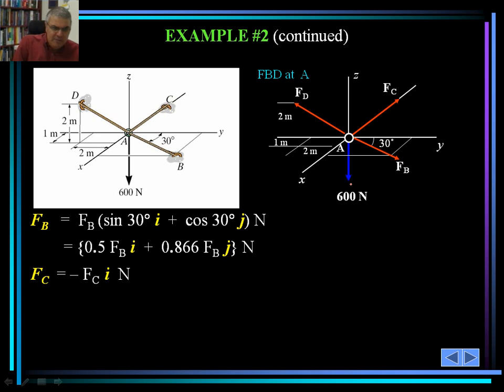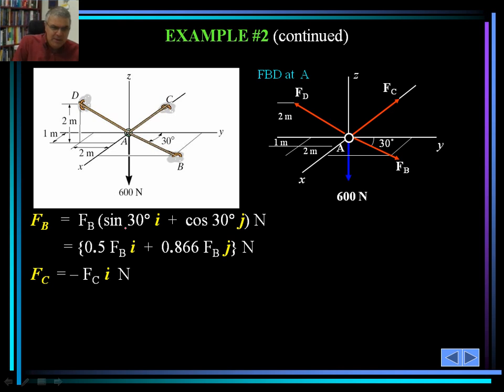So first, in order to express F sub B in Cartesian coordinate systems in scalar form, F sub B is F sub B, sine of 30 degrees I plus cosine of 30 degrees J Newton.